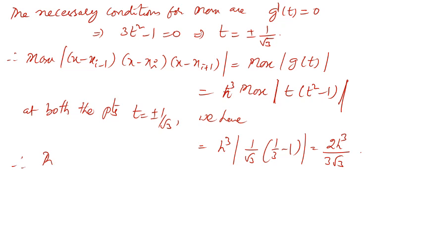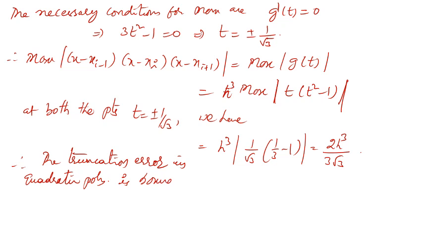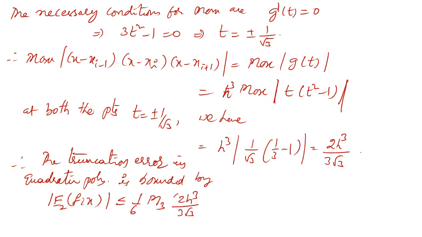Therefore the truncation error in the quadratic polynomial is bounded by E2 of fx less than or equal to 1 by 6 times M3, and the maximum of this is 2h cube by 3 root 3, right?